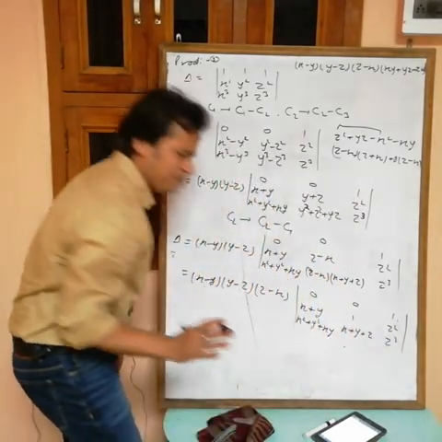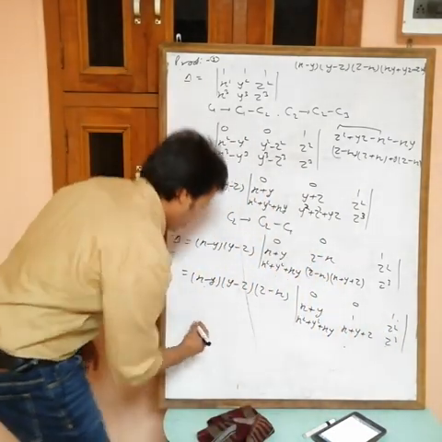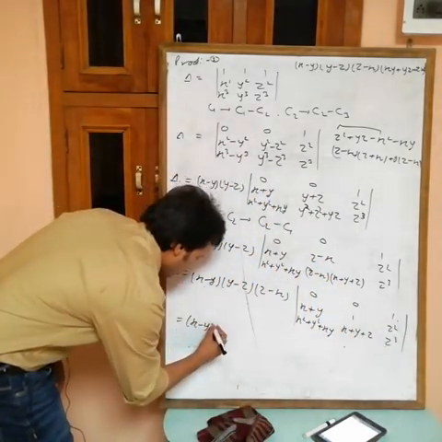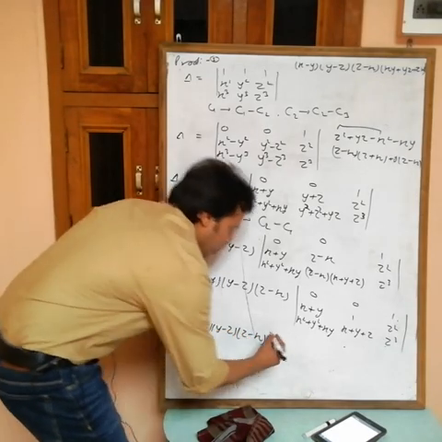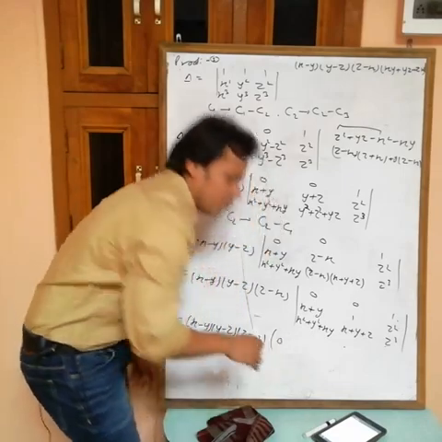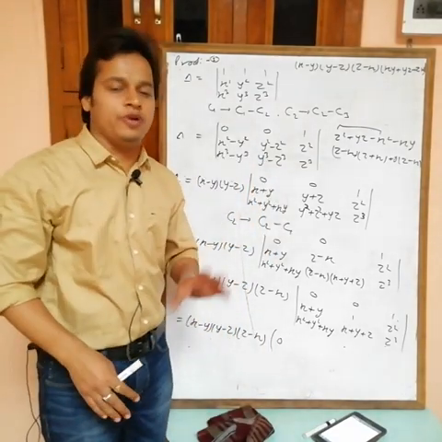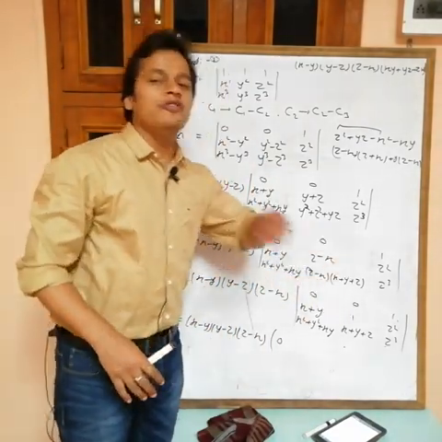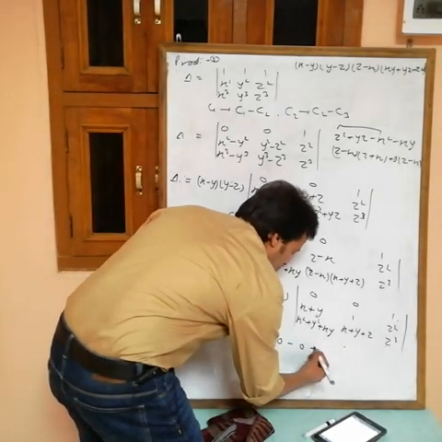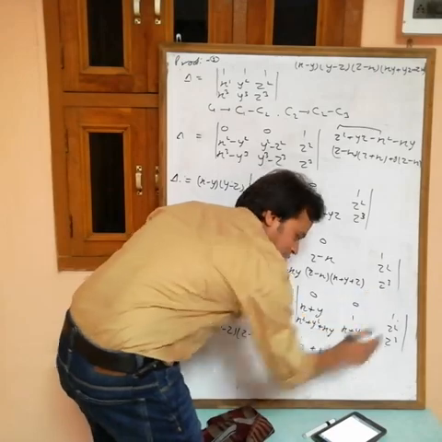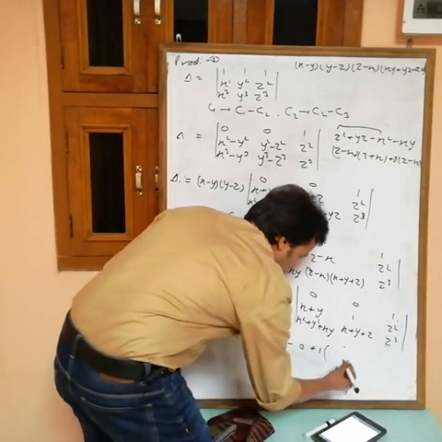Now expand with respect to R1. If you expand, then x minus y, y minus z, z minus x, and 0 multiplied by its cofactor remains 0. 0 into its cofactor remains 0. Okay, 0 minus 0 and plus 1, plus minus plus sign. Okay, because we are multiplying with the cofactor.